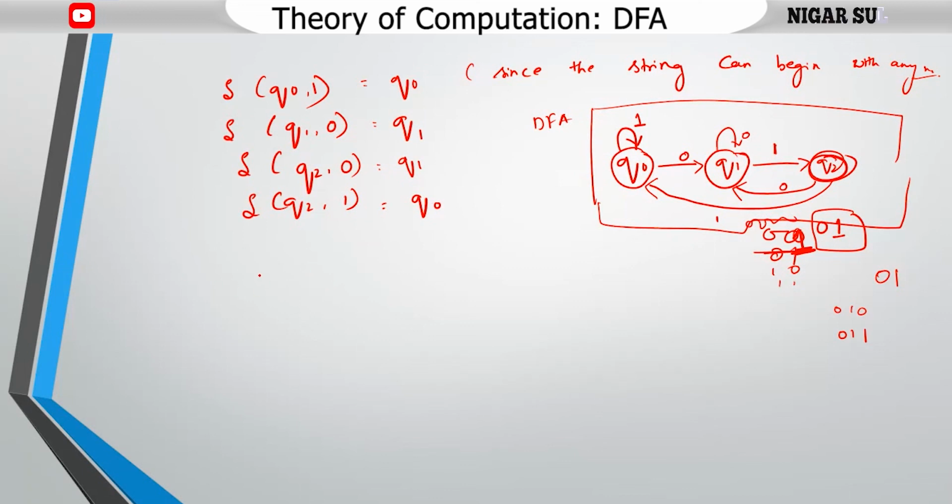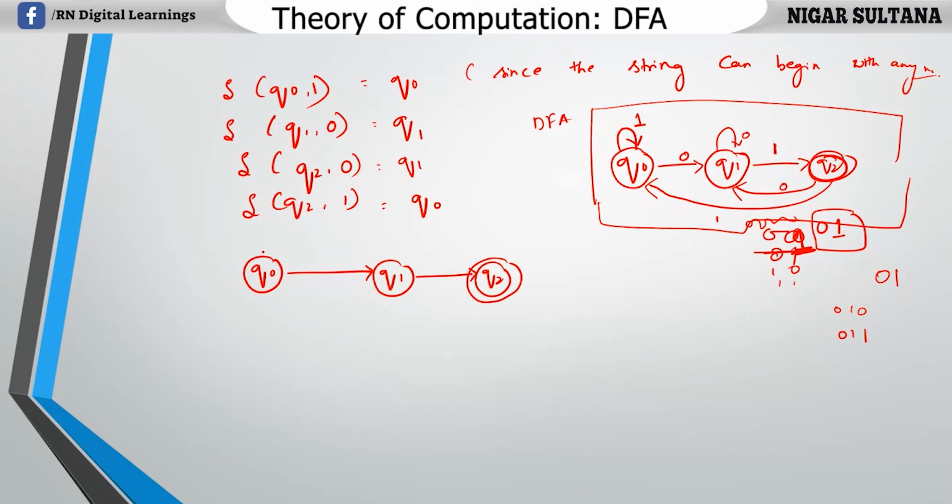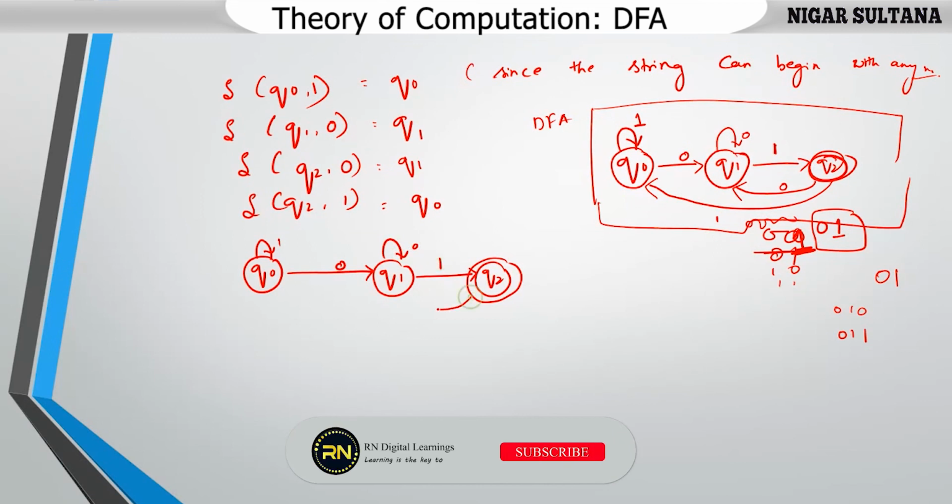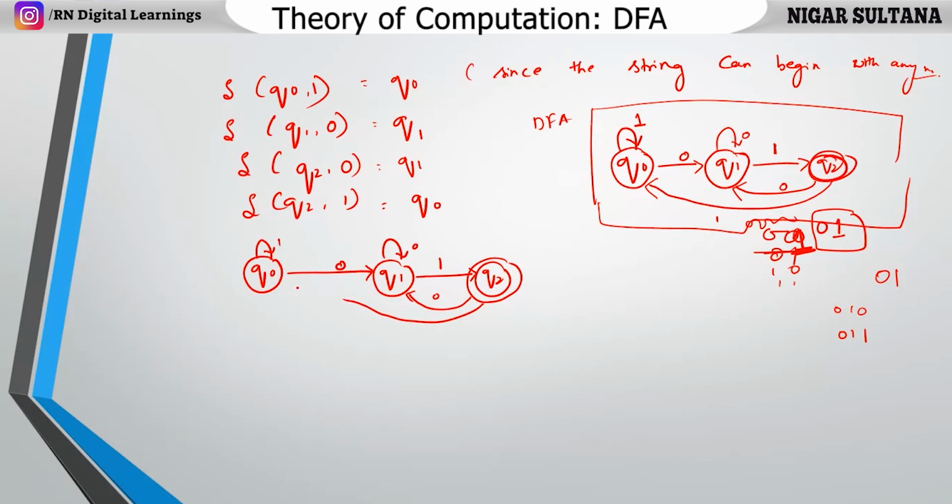I'll draw once again. Q0, Q1, Q2. 1, 0, 0, 1. So, now let's define the DFA.